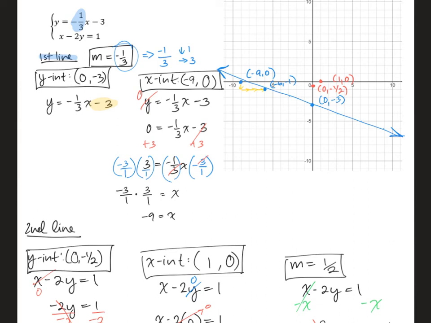A few ways I could do this. I could use the slope and count up 1 over 2. Or, and I'm going to play around with the slope here. If I did that, I'd start heading in this direction, which is great, but remember, I want to figure out if they intersect.